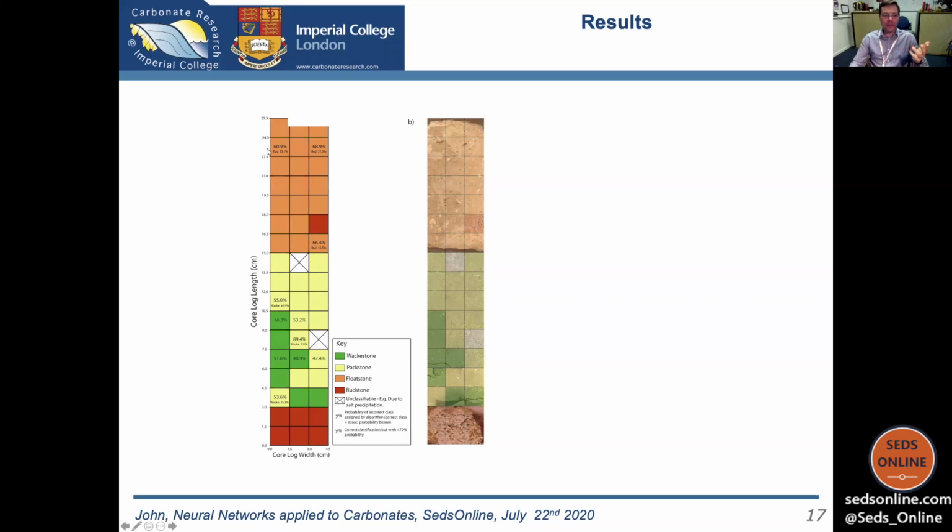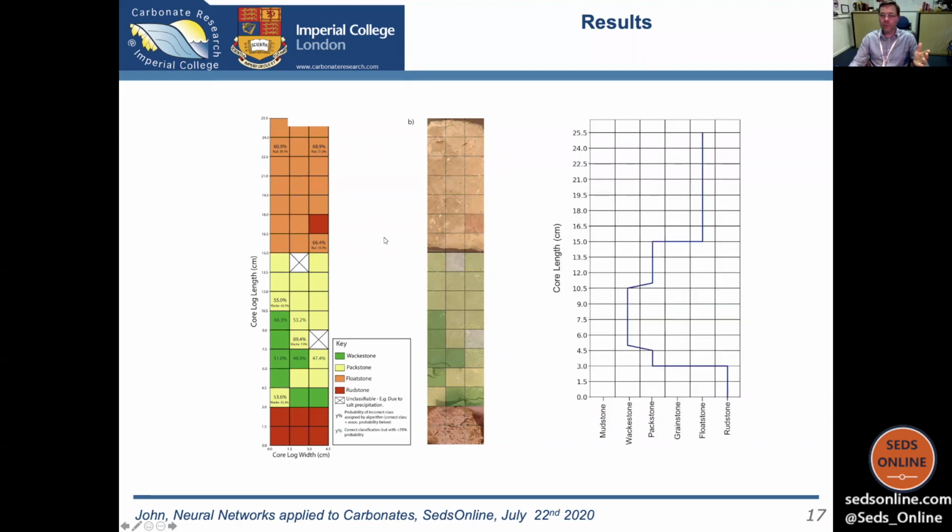And you get something like this, where you basically have a textural classification at the same resolution as the input squares, okay? If you prefer to have a more traditional curve, you can also just look at the average classification per row and output something like this, where you basically go from Rudstone to wackestone back to floatstone, all right?